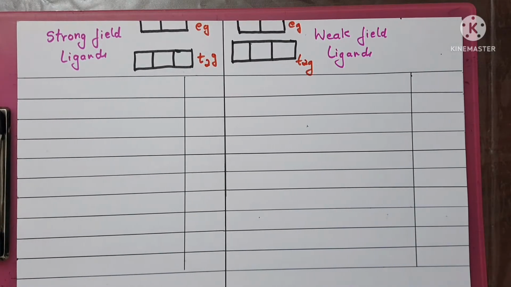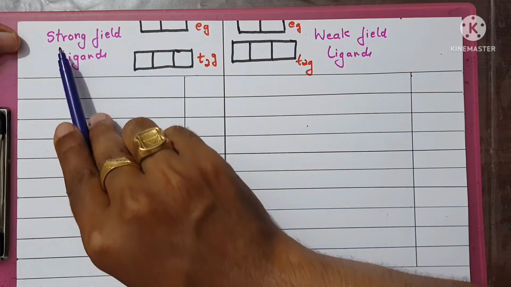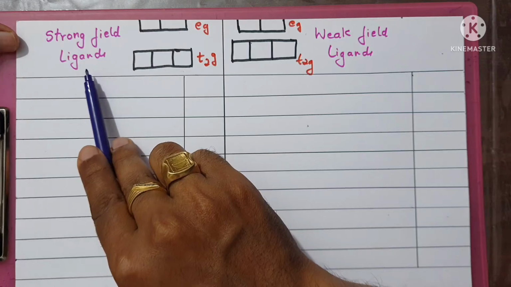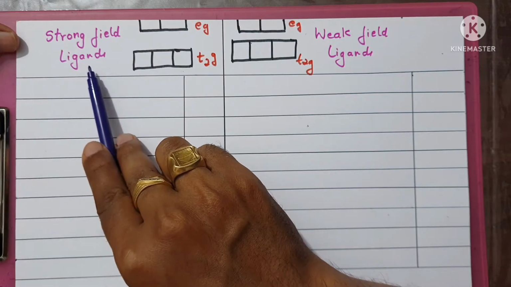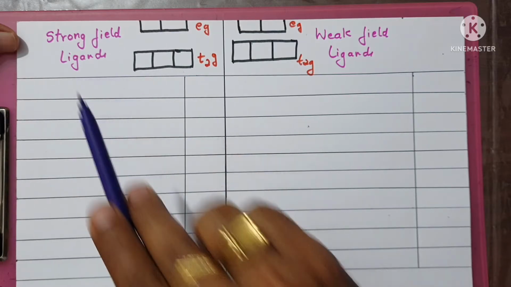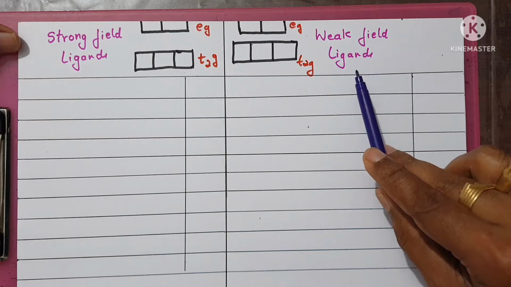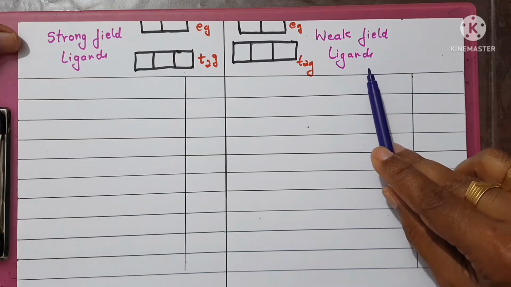To write the electronic configuration for CFT, you should know the basic information: whenever there is a strong field ligand, remember children, there is a pairing of electrons. Whenever there is a weak field ligand, there is no pairing of electrons.